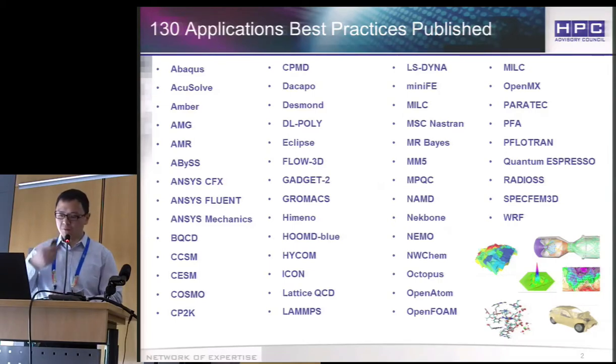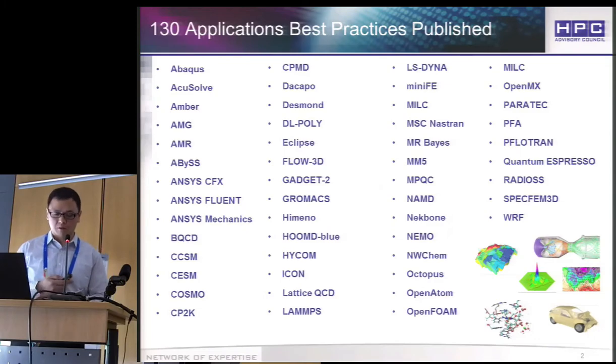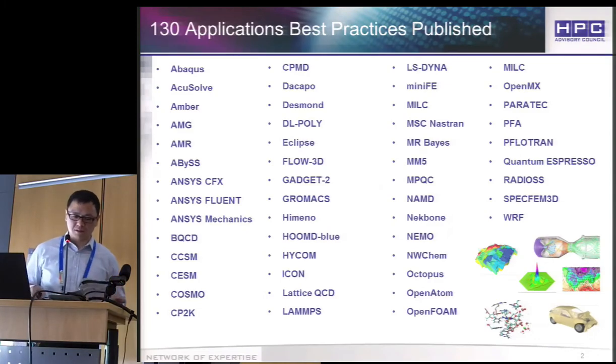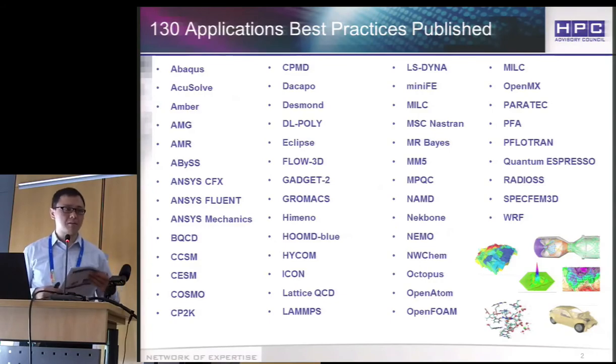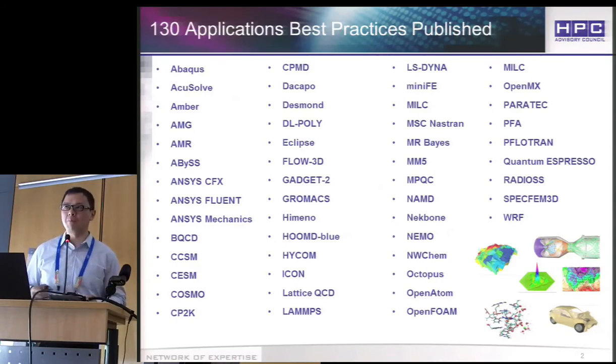So please check it out at the HPC Advisory Council. There's a section called Best Practices. You can see a list of applications there. We tend to compare them against different generations of hardware, let's say like Sandy Bridge or Ivy Bridge. We work on comparing those with different hardware in the system. So feel free to check it out.